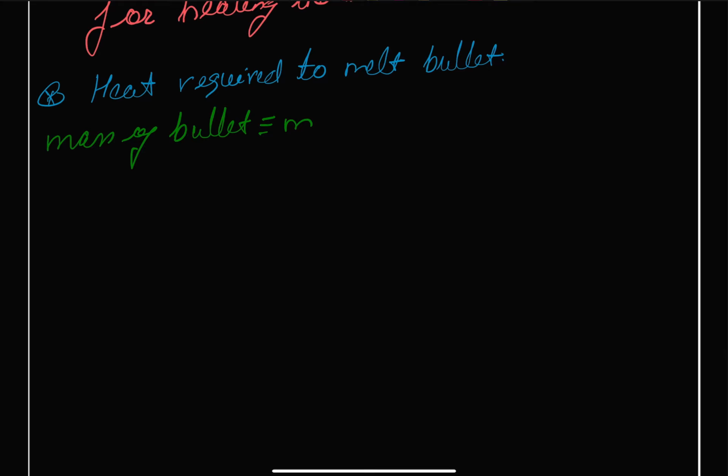Therefore, now in this case, the melting point of the lead is given as 327 degrees centigrade. So first of all, the heat will be required to raise the temperature of the bullet, which is 27 degrees centigrade, up till 327 degrees centigrade. Then from there it is going to melt.